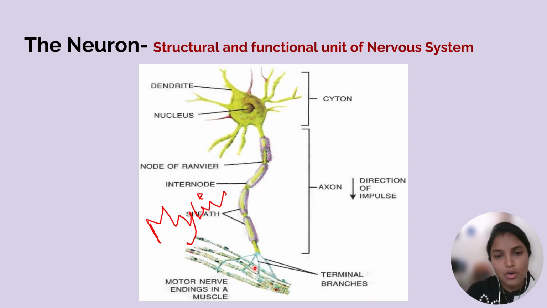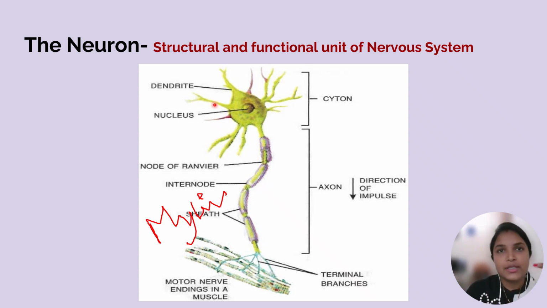All right, the axon now ends into the terminal branches, and these terminal branches end up in a muscle or the effector organ, so that the response is generated here. Any messages, any impulses that are transmitted, the impulse that is received from the stimuli.